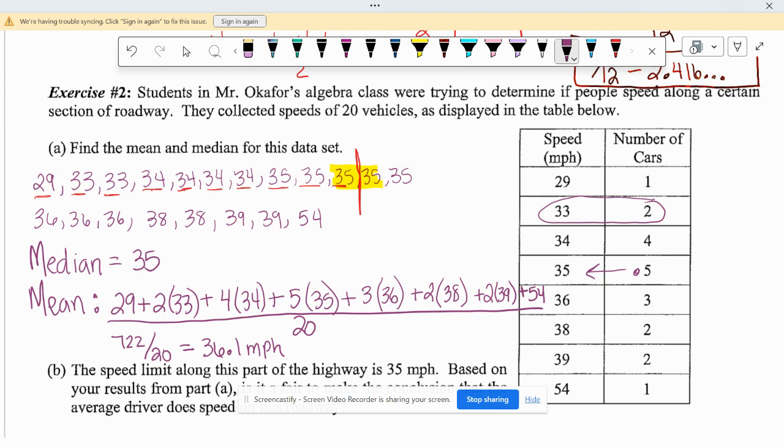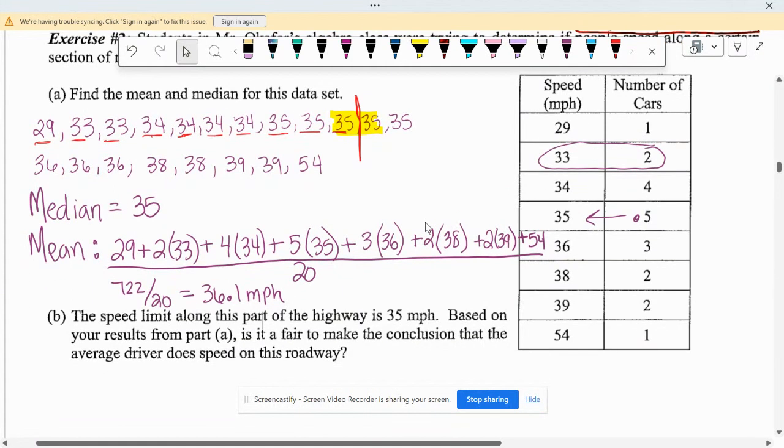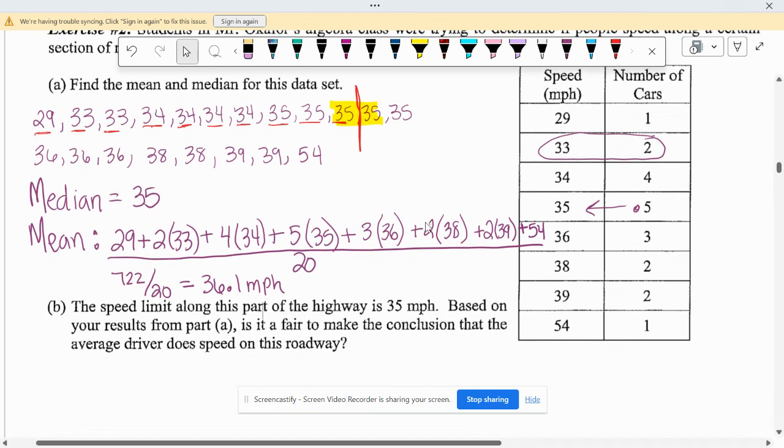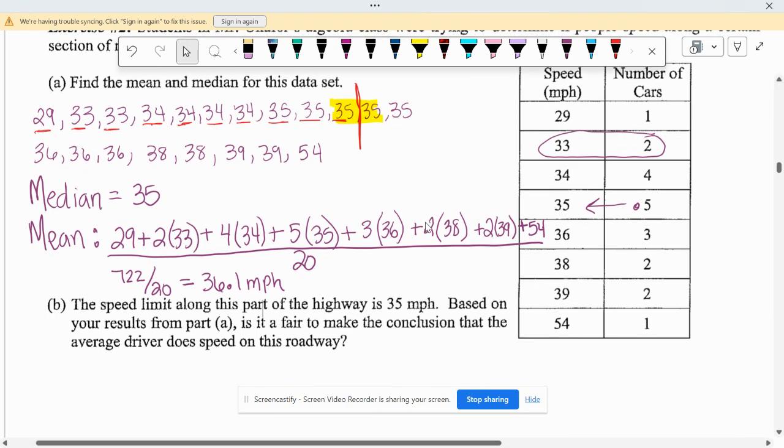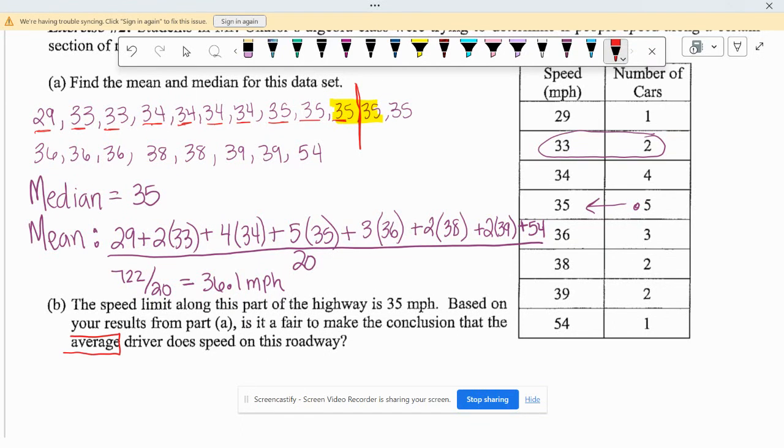Okay. So the speed limit along this part of the highway is 35 miles per hour. Based on your result from part A, is it fair to make the conclusion that the average driver does speed on this road? Because the average, what was our average? Yeah, that's our mean, right?